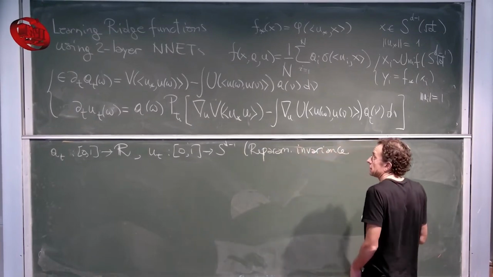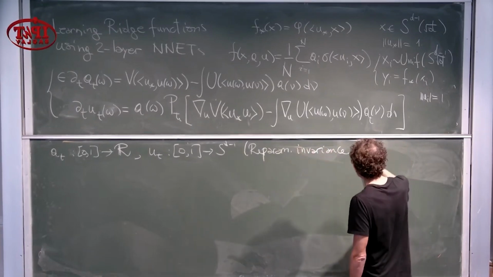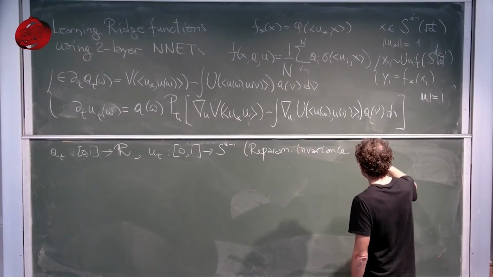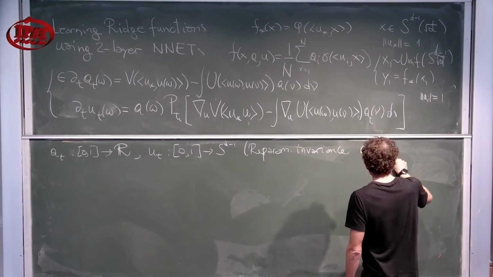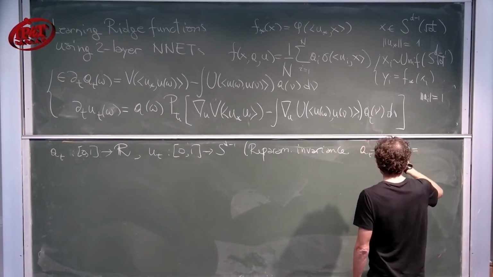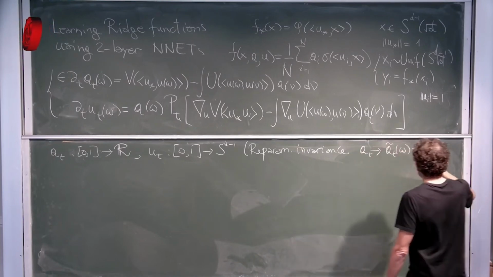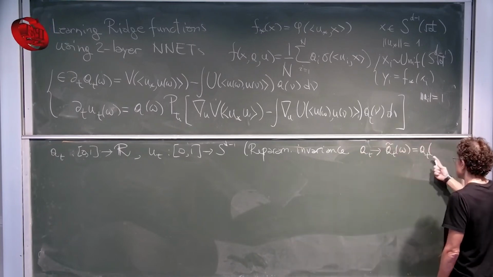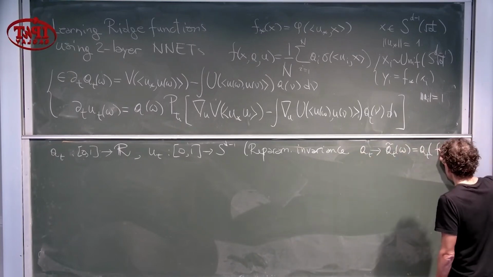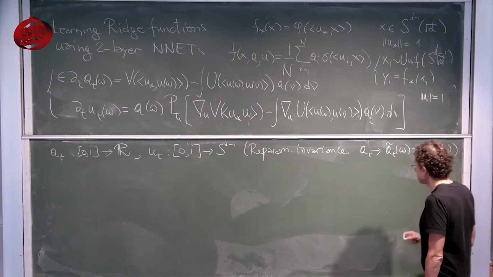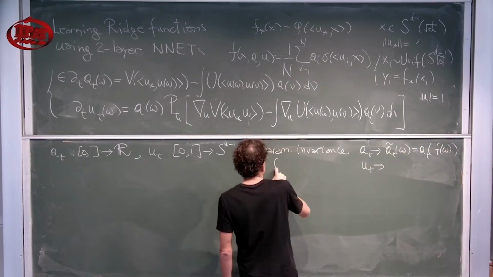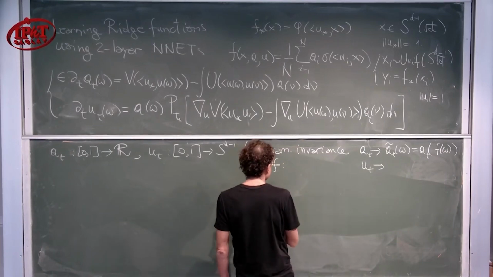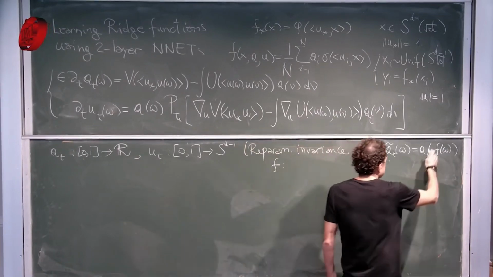Namely, if a_t, u_t is a solution, then you can construct another solution by composing these with any similar thing. Well, f is not a good name.